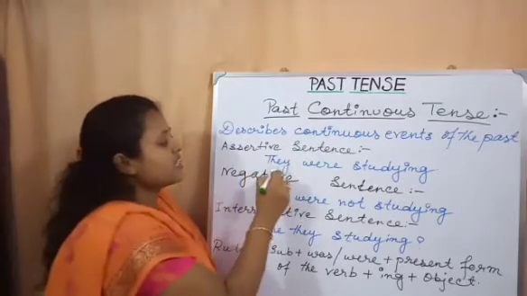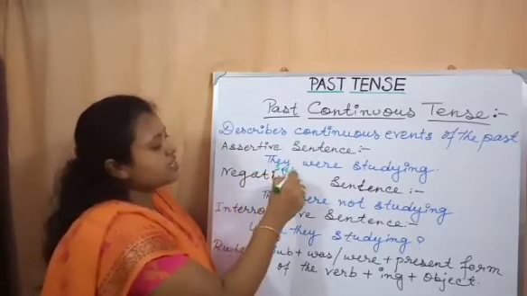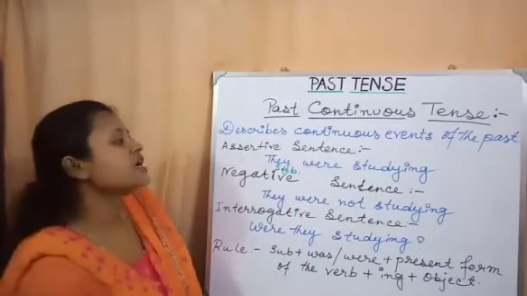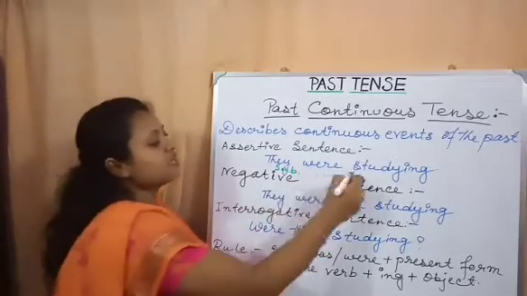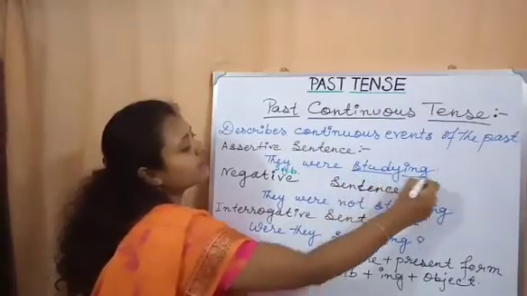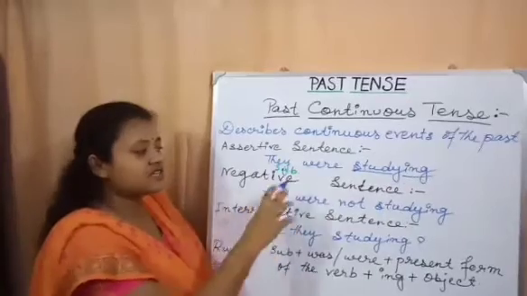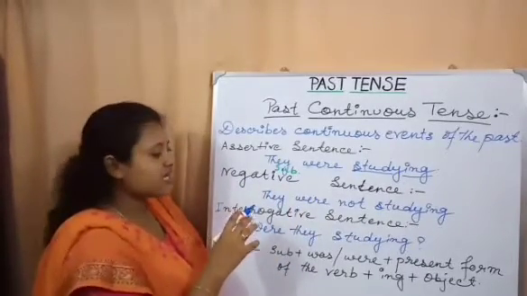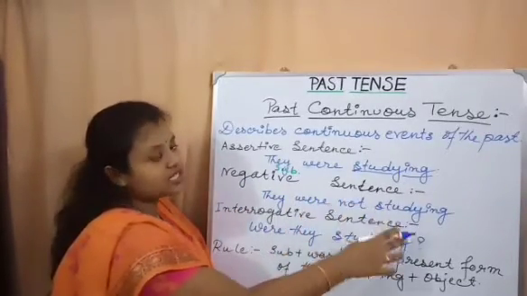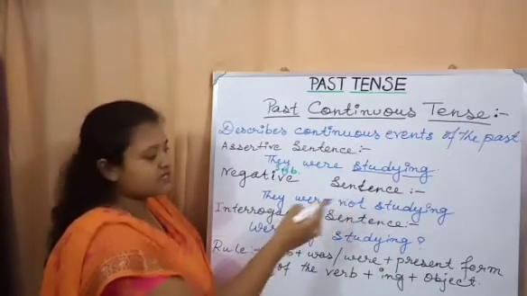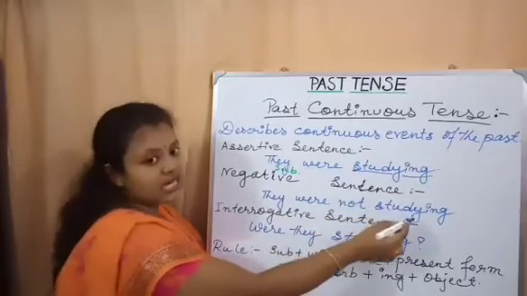So they is the subject. After that was or were you have to write, and after that the present form of the verb, after that ing. They were studying. In negative sentence, how will you write this tense? They were not studying. Only not you have to add because it is obviously a negative sentence.